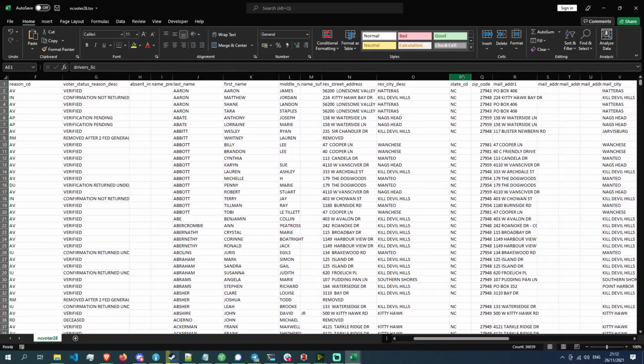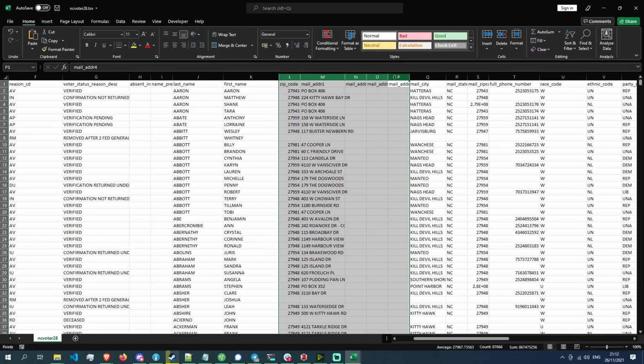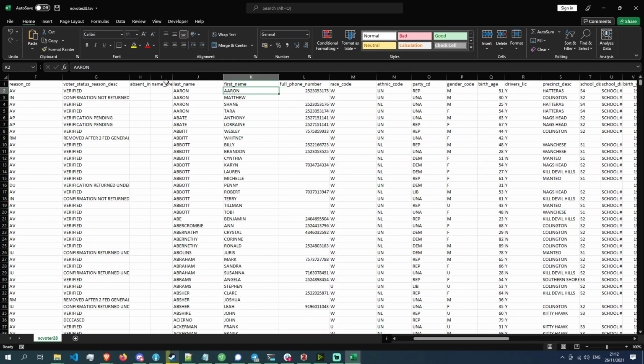We actually don't care about most of this. Nor their other mail address. Let's take this up to mail zip code. Let's keep the phone numbers just as a... Yep. Last name, first name. We don't need the middle name.